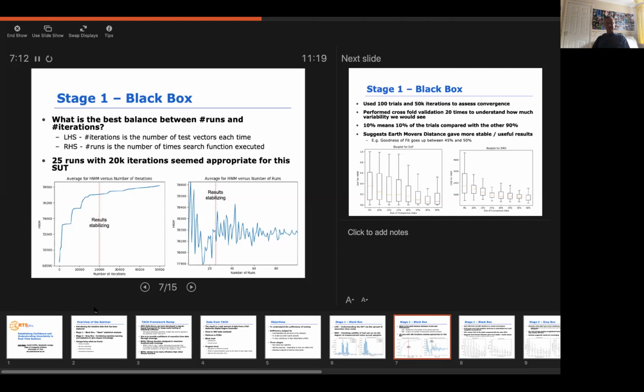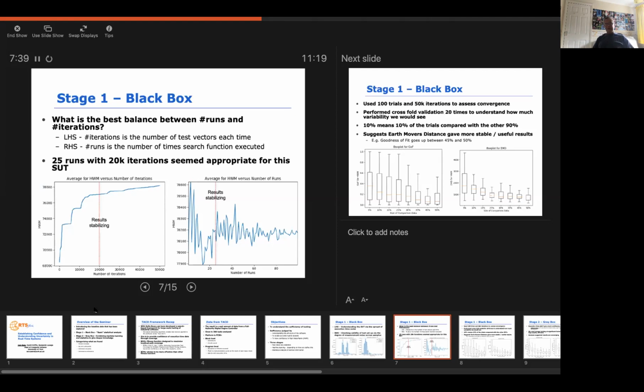What we see in this graph is that as the number of iterations increases, the high watermark increases. But it's kind of a knee function, where after about 20,000 iterations we didn't see as big an increase in the high watermark. It's worth noting that high watermarks are the average over 25 runs of the search function.